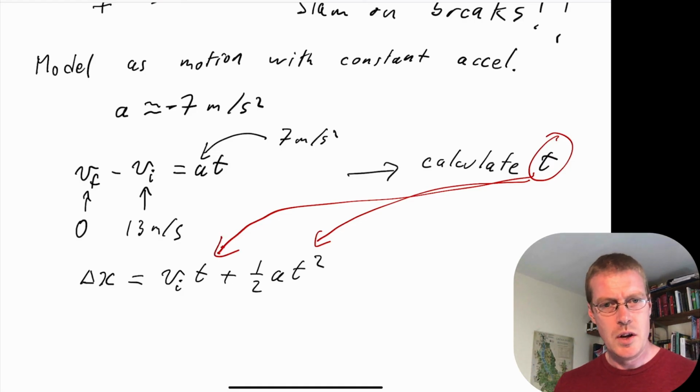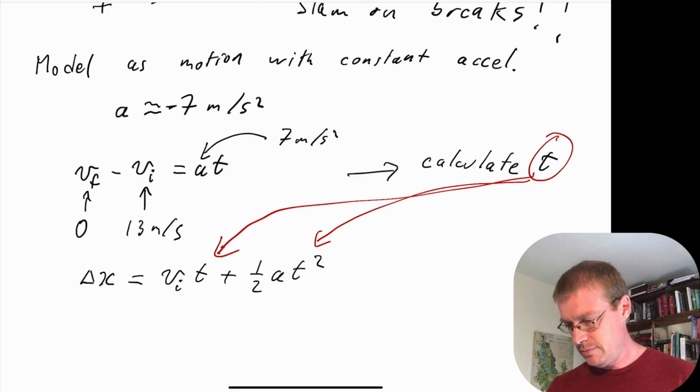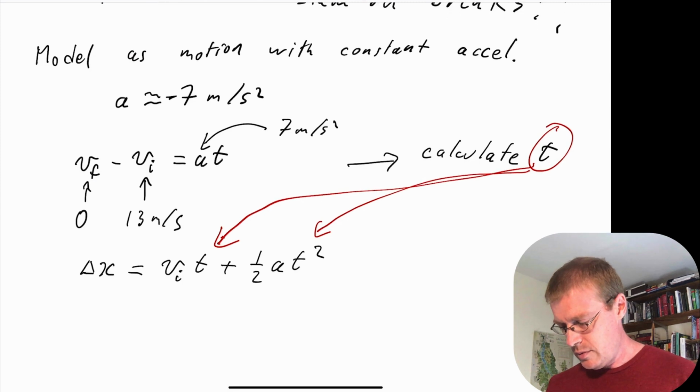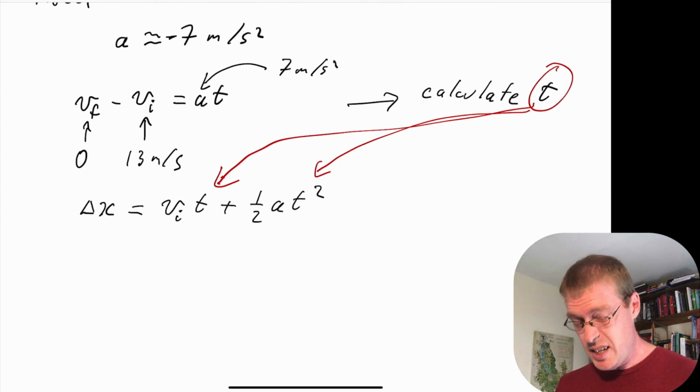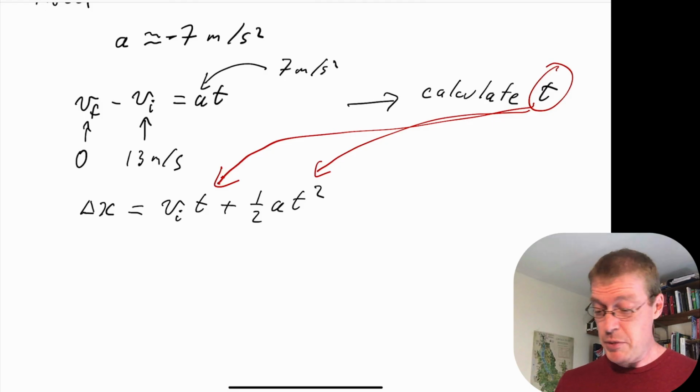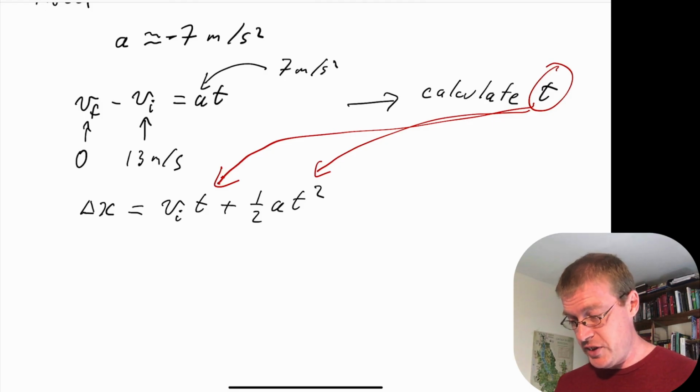Okay. So we're going to do that exact same process, but do it algebraically. And in this particular case, we're not actually going to get much efficiency from that because this first step of calculating time was relatively easy.